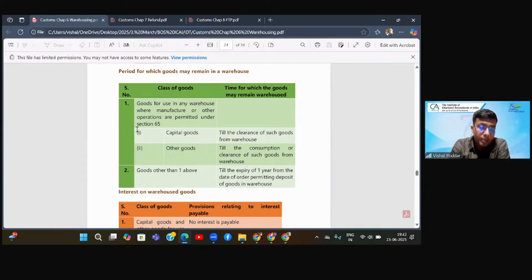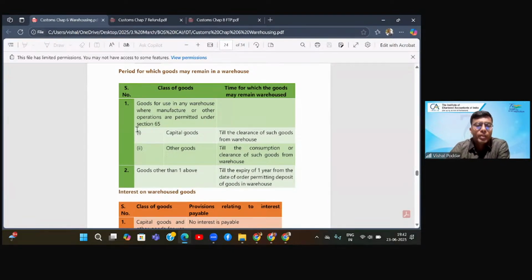So this is again a special provision under customs, whereby you import the raw material, you do the processing of the raw material into the final product in the warehouse, and from there itself you export the final product. This is what is manufacturing within the warehouse. Now, where you are doing manufacturing within the warehouse, you will require some machines to be kept in the warehouse, which can be used for manufacturing, and they will be used again and again.